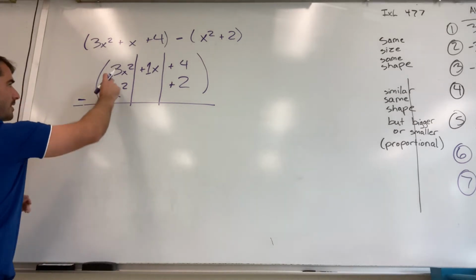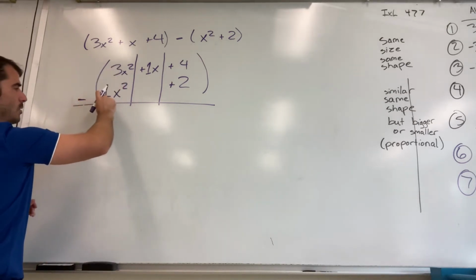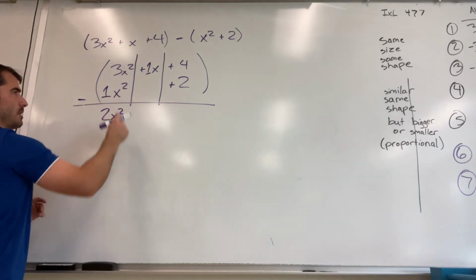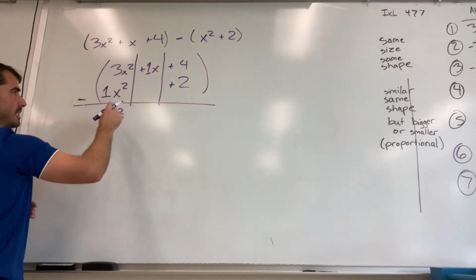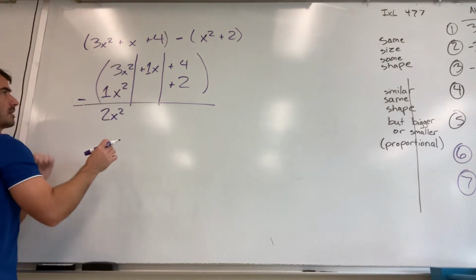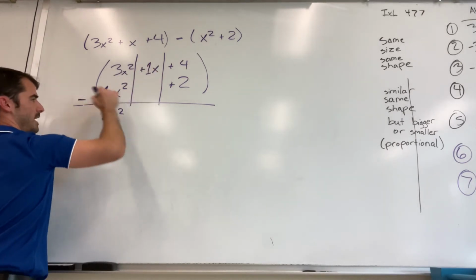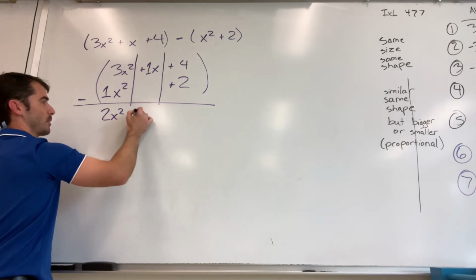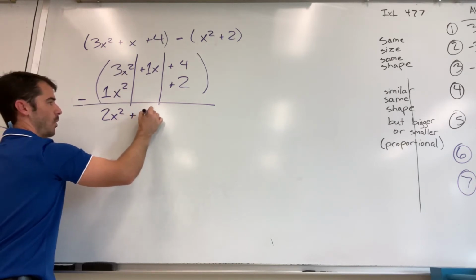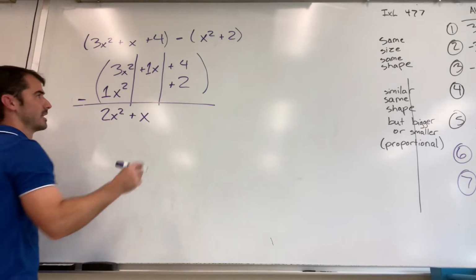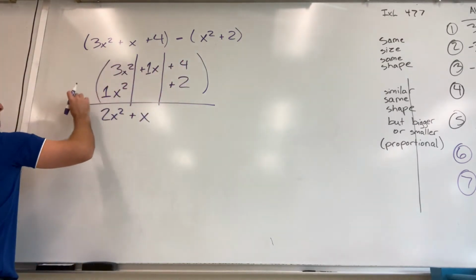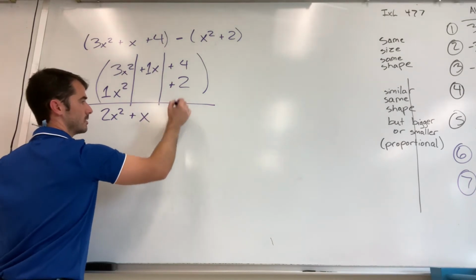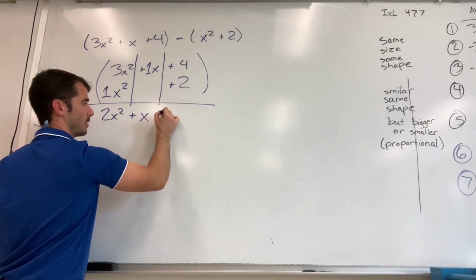So now I have 3x squared minus 1x squared, so that would be 2x squared. As you noticed, the exponent did not get any bigger or smaller. 1x squared minus nothing would still be 1x squared, 1x. So I'm going to write plus 1x, and positive 4 minus positive 2 would be 2, so I'm going to write plus 2.